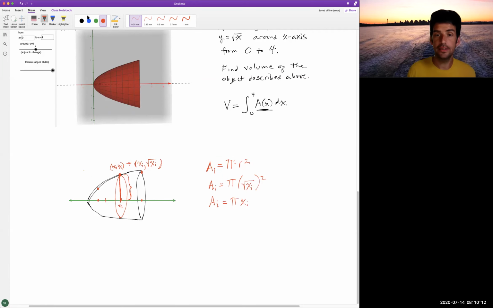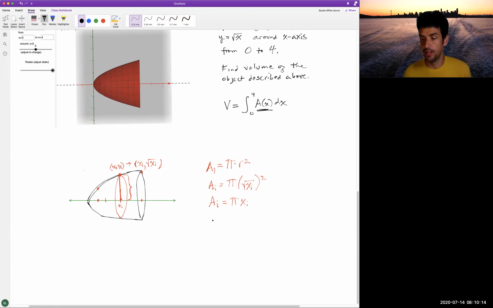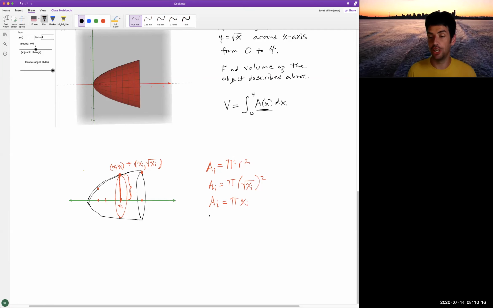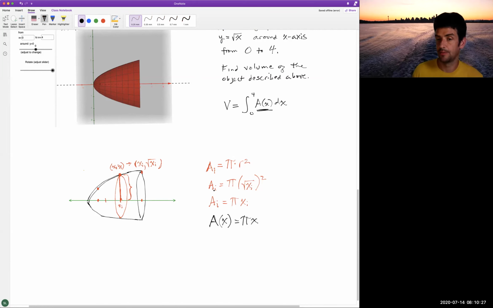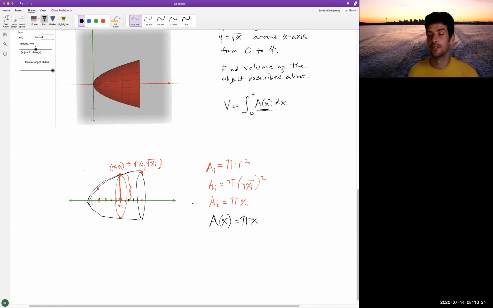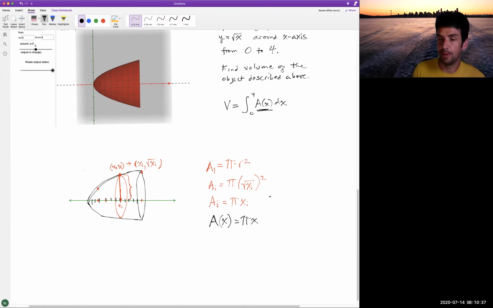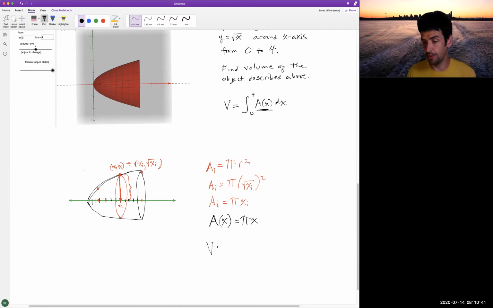So we can now generalize this for any x value. The area for any x value is just going to be pi times x. If I pick any x value along this axis and I want to know the area of the circle if I sliced it there, all I do is multiply it by pi. And so now this gives me the formula I was looking for.